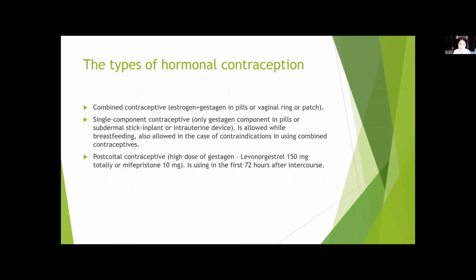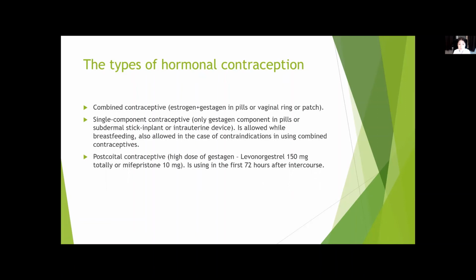Postcoital contraceptive means a high dose of gestagen, levonorgestrel 150 milligrams totally. It can be divided into 2 doses, 75 milligrams 2 times per 12 hours, or mifepristone 10 milligrams 1 time. It is used in the first 72 hours after intercourse.